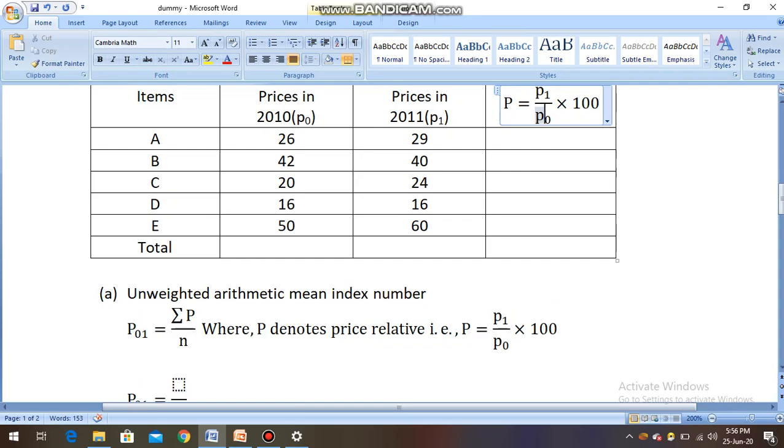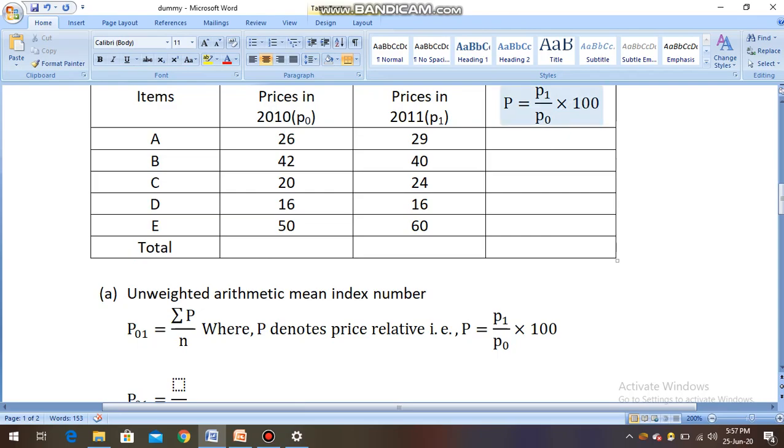So P1 is there in this column, that is in the third column. P0 is there in the second column. So you need to find this capital letter P item wise. Like separately you need to calculate it for item A, B, C, D and E. Now for the item A, P1 is 29, P0 is 26.